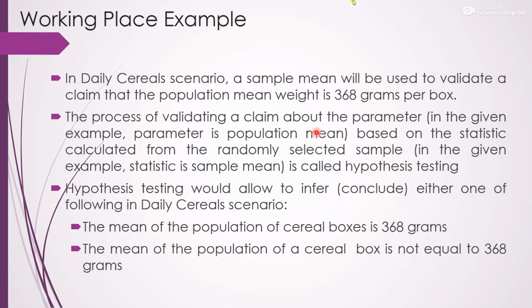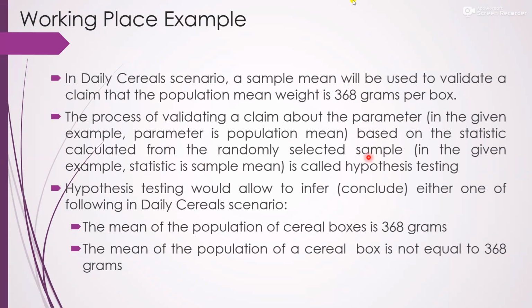So this is the process of validating a claim about the parameter, right? The claim should be regarding the parameter, but the parameter is unknown. But from previous knowledge, we are making a claim about the parameter. So in the given example, the parameter is the population mean, that is 368, based on the statistic calculated from the randomly selected sample. In the given example, our statistic is the sample mean, right?